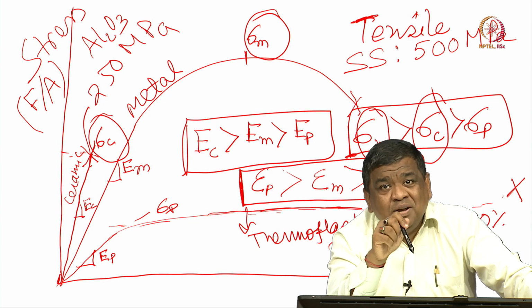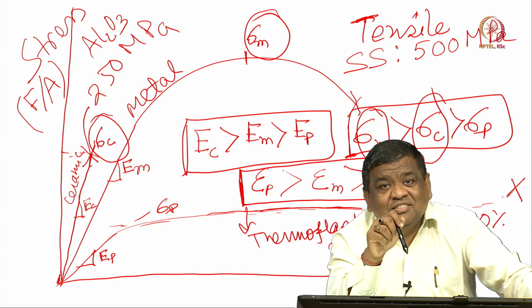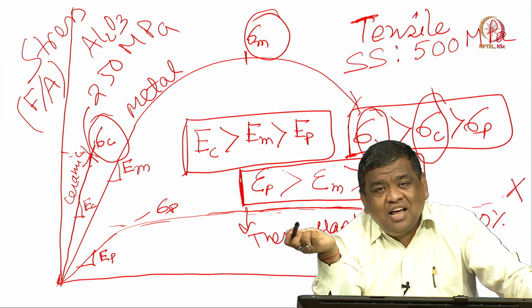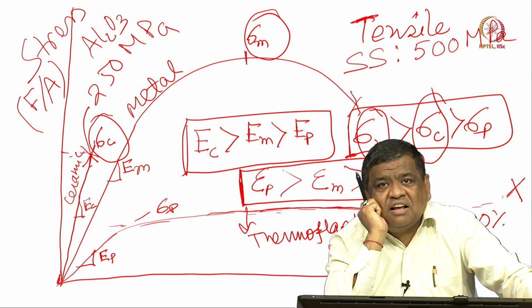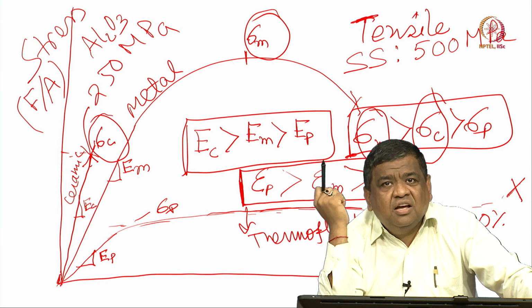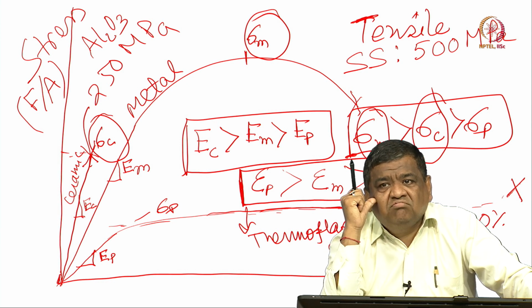So, again compression strength wise, ceramics are much better than metals, because metals have, let us say, one of the classic materials, stainless steel, which has a compression strength as modest as 500 megapascal.